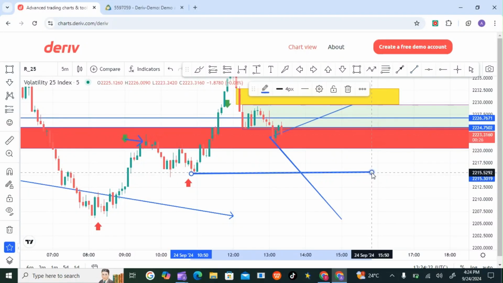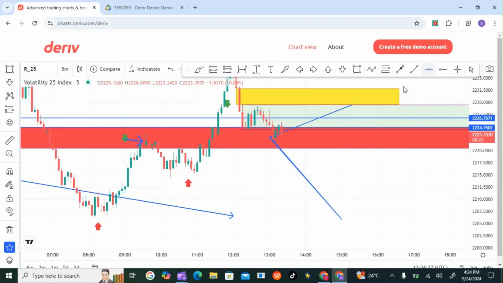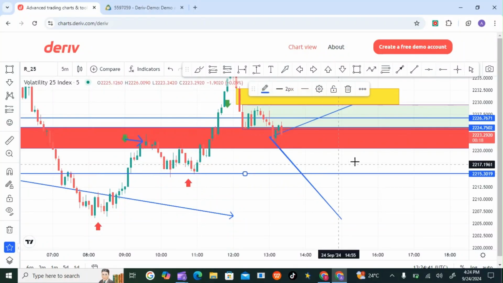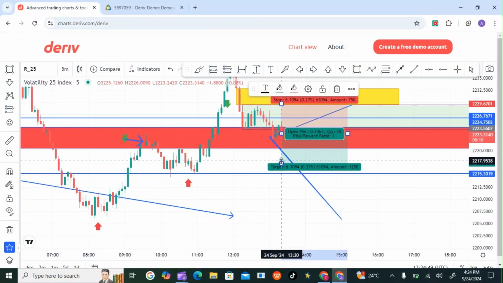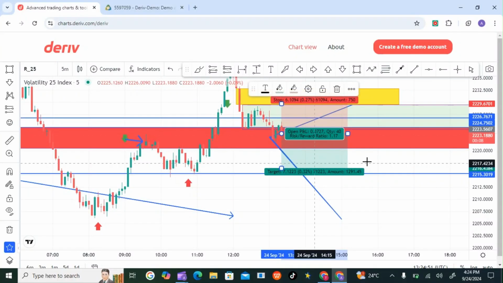So let me align, and use the horizontal line to make sure that I'm on the right track. So there, seeing that, I'll take a short position and my take profit from there will be that position.